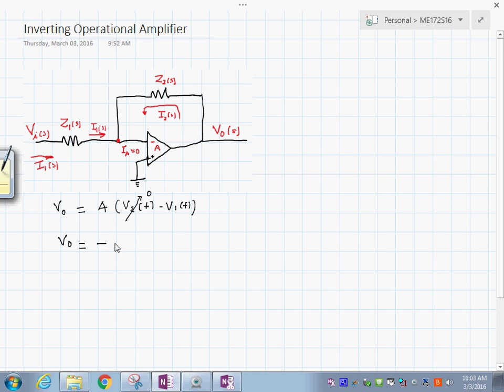Therefore, if we examine the currents here at this node, here comes I sub 2, right? I sub 2.